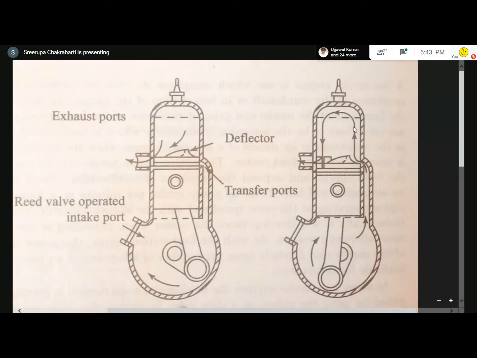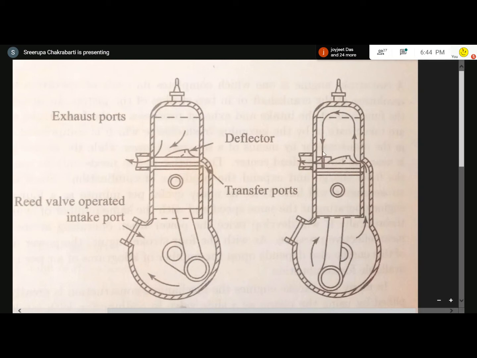And with like a jet, because it is compressed, this was pressurized, no? This is pressurized. So this will move upward and this will strike against the cylinder head. Then it will take a rebound. As it takes the rebound, there is another surface of the deflector.